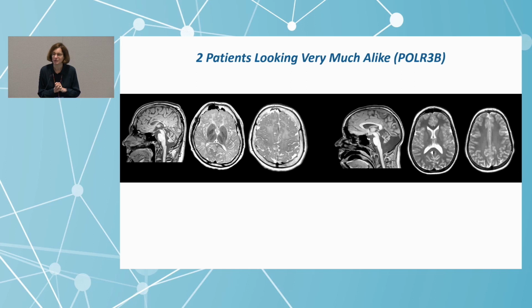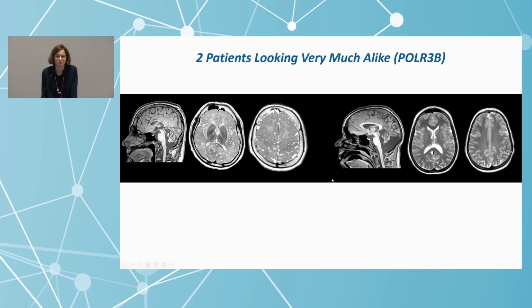And I would like to ask you a question about clinical severity. So this is one patient you see with a normal myelination and normal corpus callosum, cerebellar atrophy, and that patient has a clear hypomyelination, a thin corpus callosum, cerebellar atrophy. Both are 18, 20 years old at the time of the MRI.